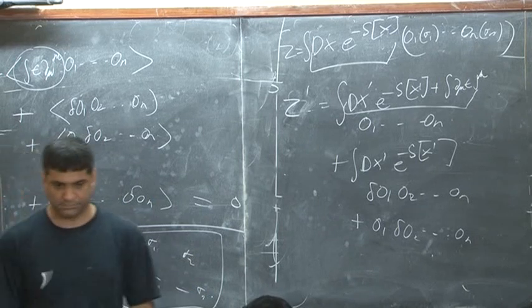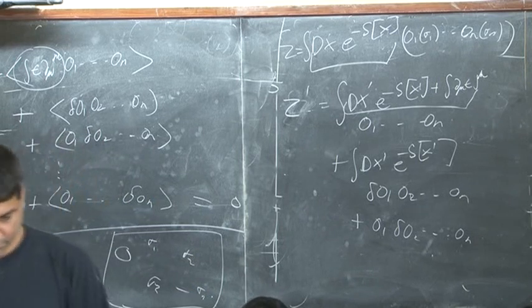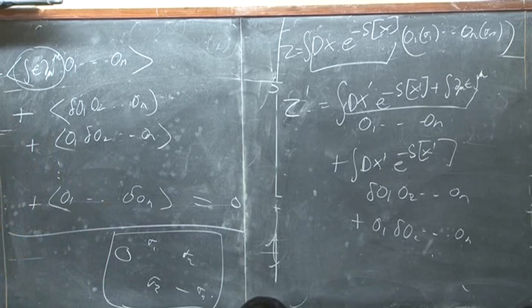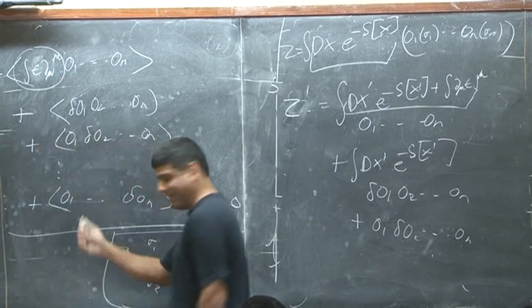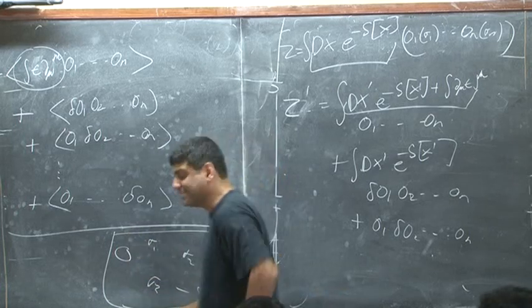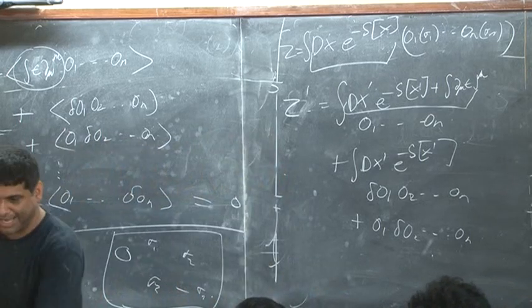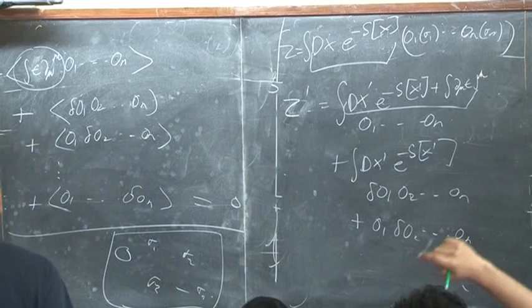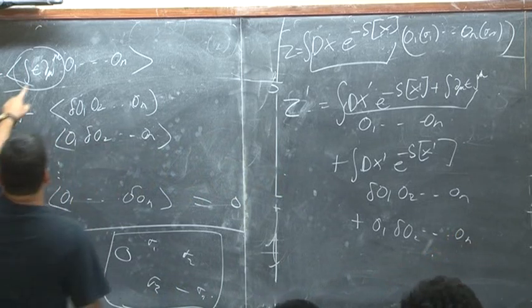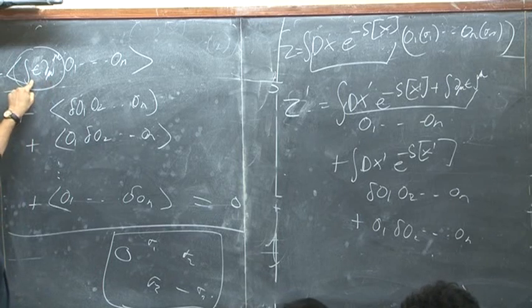Now all these delta O's would be proportional to epsilon of x. It's not a constant. So the minus sign is from integration by parts; I have del mu epsilon.